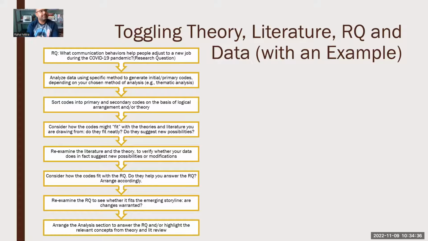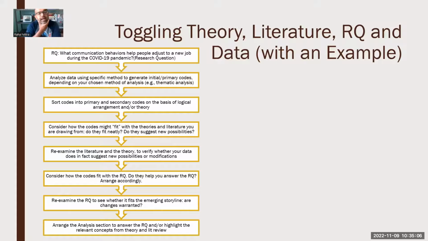And suppose you analyze the data using a specific method, suppose it's thematic analysis, to generate initial or primary codes, depending on the particular method of thematic analysis you've chosen. You then sort your codes accordingly, into primary and secondary codes, on the basis of either logical arrangement and/or theory. So theory does become important here when it comes to sorting your initial or primary codes.